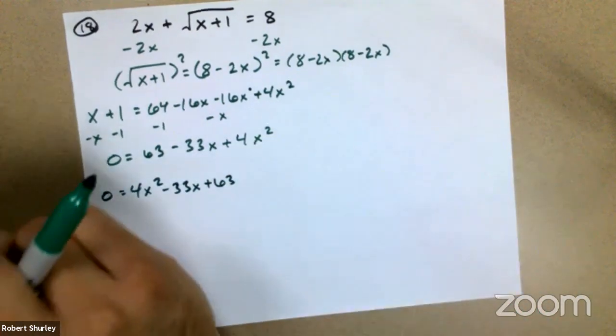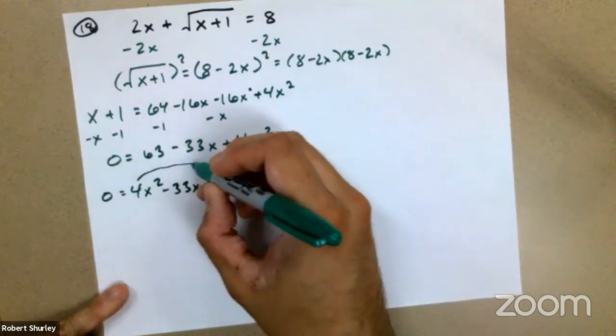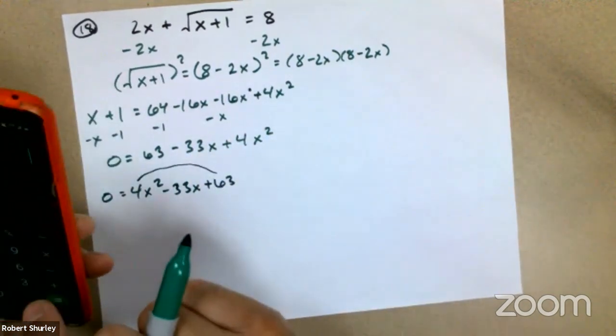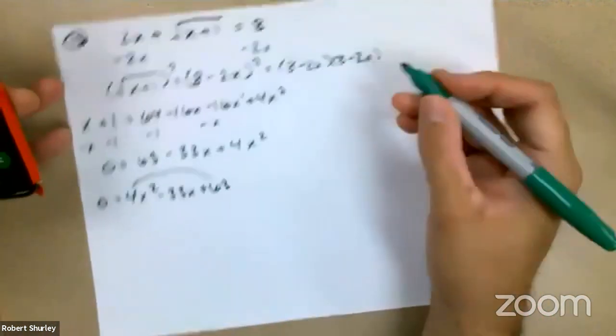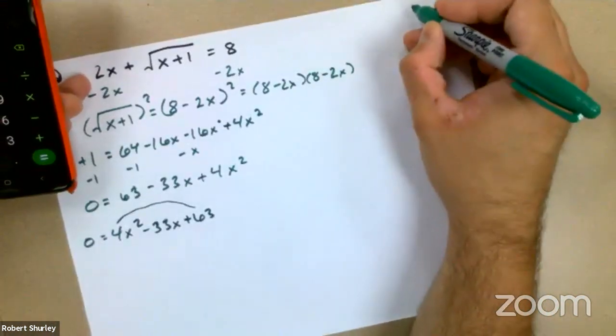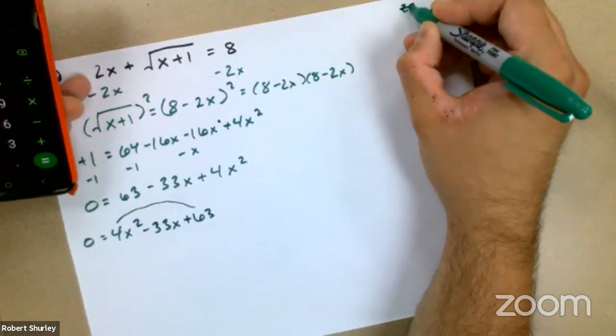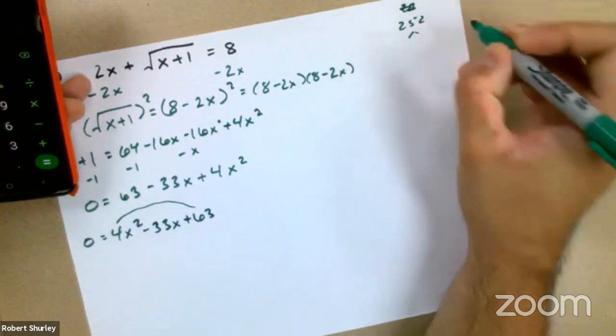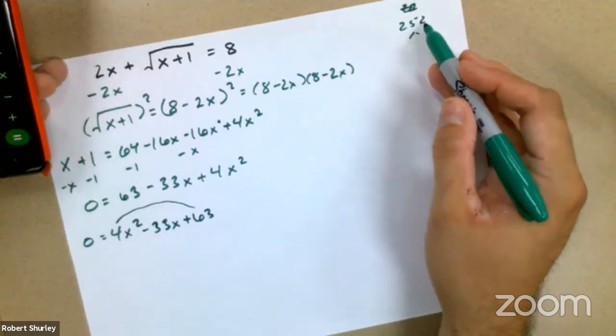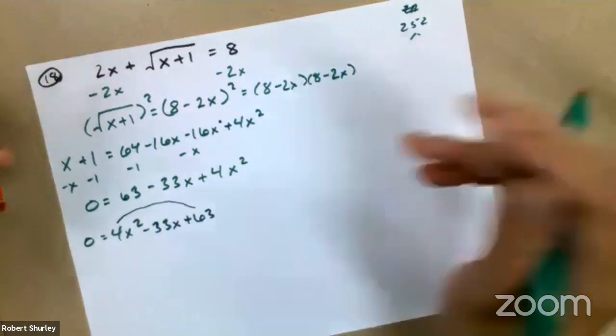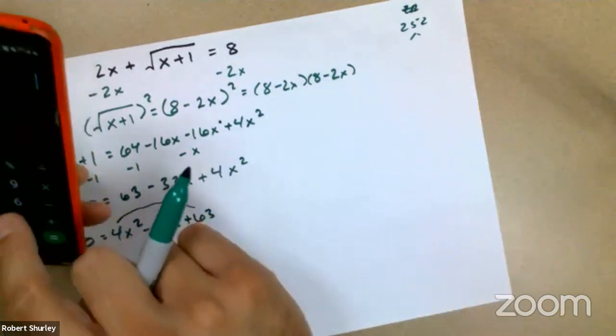So now 63 times 4. Remember, this is the AC method. 63 times 4 is 252. And I've got to find two numbers that multiply to get 252 that add to get negative 33. So 252 is divisible by 2.